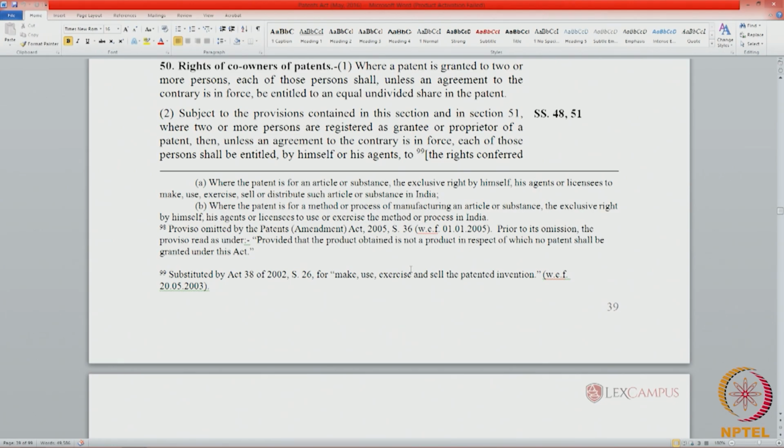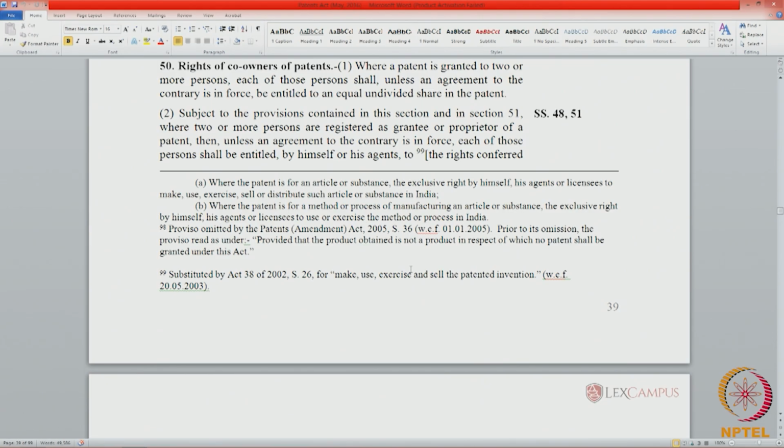With regard to the rights of an applicant, section 20 covers how their rights will operate and what to do if there is a dispute with regard to their rights. Section 50 covers the rights of owners of patents. Sequentially, section 50 comes after section 43, which, as we have already mentioned, is the section which grants the patent.